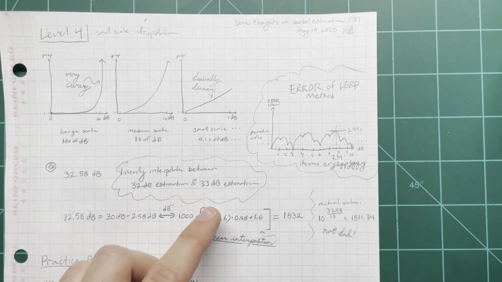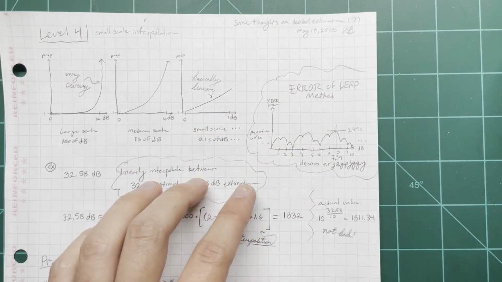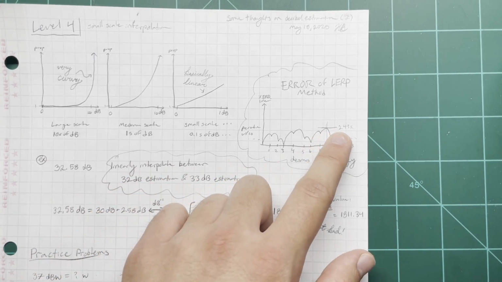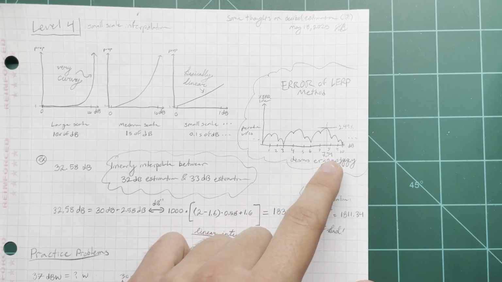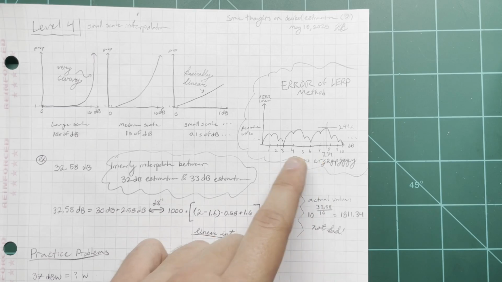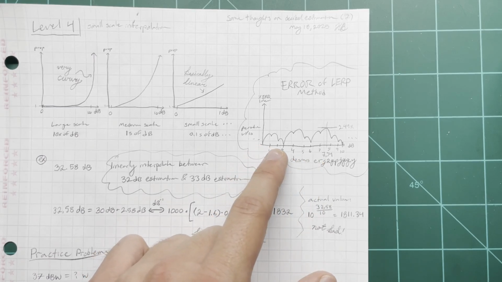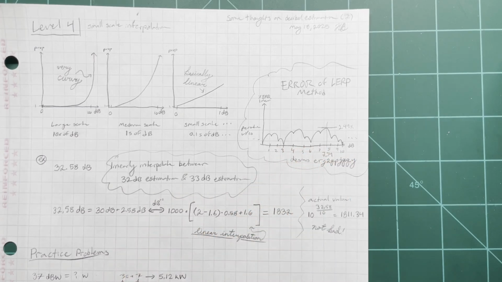Also, as a little bit of a side note, I did some error analysis on the interpolation method. So the peak error is about 2.49% at a value of about 7.34 dB. And some interesting things about this graph, you can see that it always has minima at the integer values.